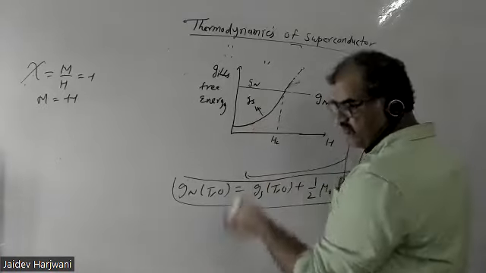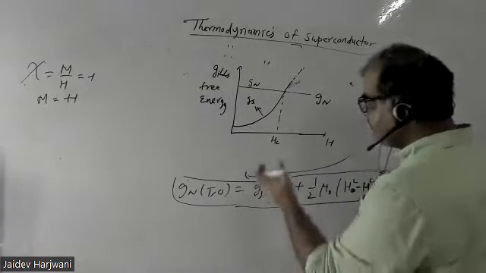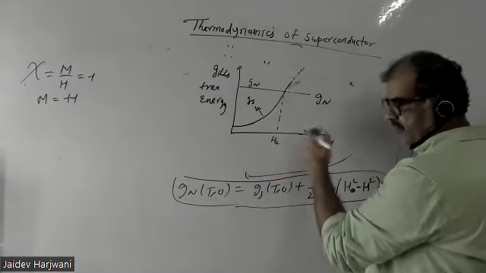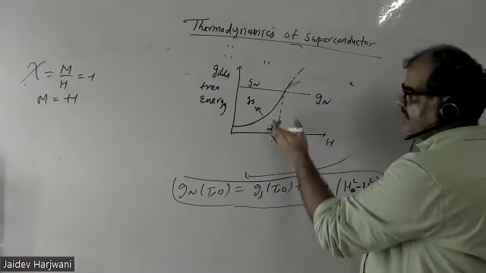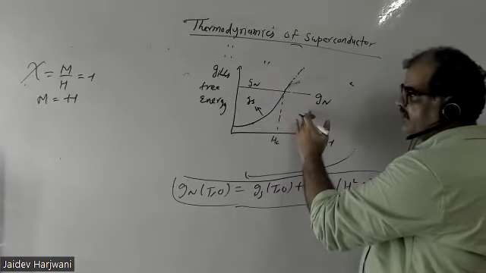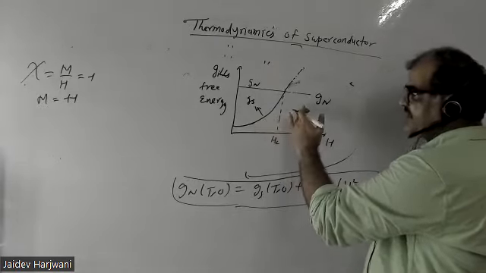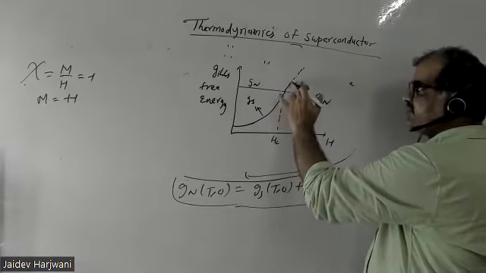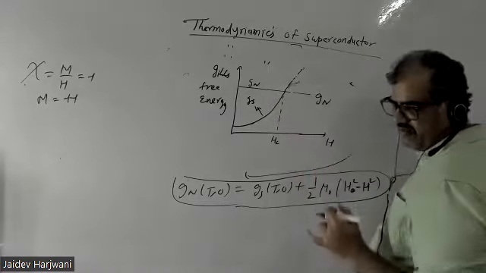Once you increase the field beyond Hc, this phase cannot remain, because it would have more Gibbs free energy compared to the normal phase.